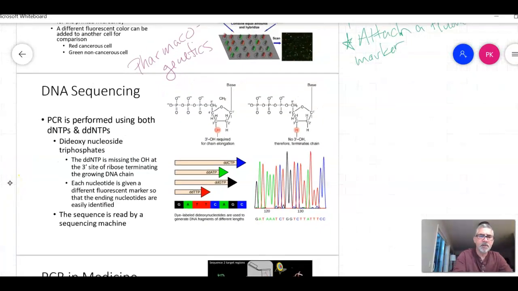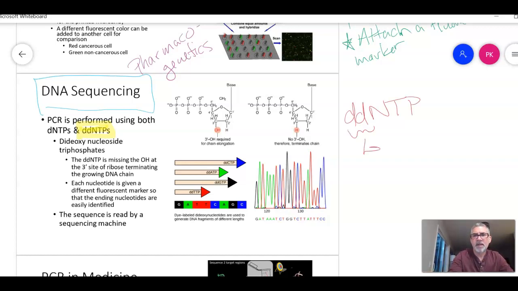So DNA sequencing is a big use, right? DNA sequencing takes advantage of dNTPs or ddNTPs, right? And the ddNTP stands for dideoxy. So remember, if we have a ribose, right?